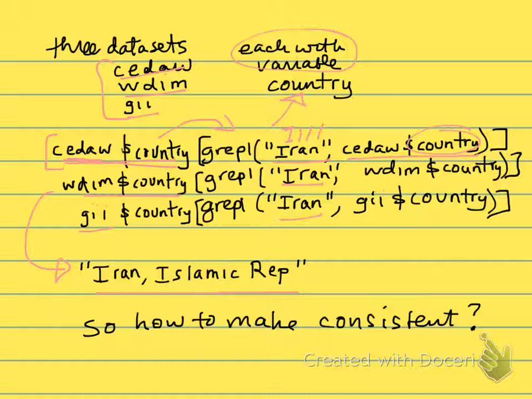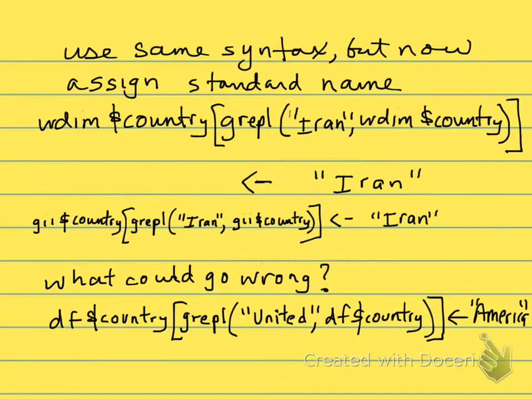So when you go to merge Iran in these three data sets, they won't merge correctly because each one has a different way of spelling the name of the country that we commonly think of as Iran. So what we need to think about is how to make them consistent in each one of the data sets. So we can use the same syntax, and now we'll assign a standard name.